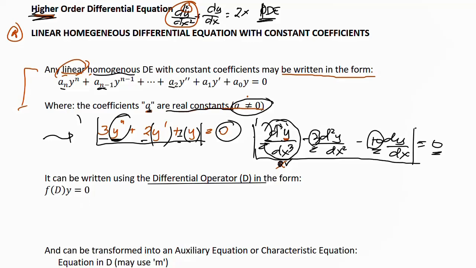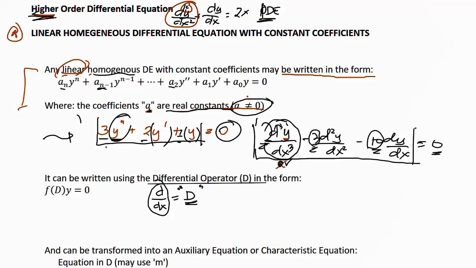This means that aside from writing it like this, we can use the differential operator D as a substitute for the simplicity of our solution. So we can transform all our derivatives in terms of the differential operator D.